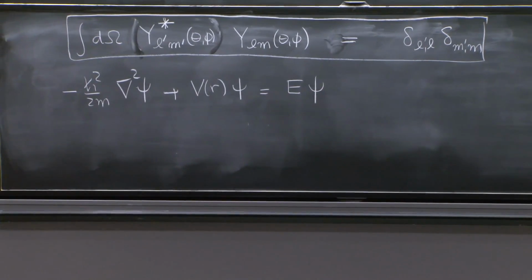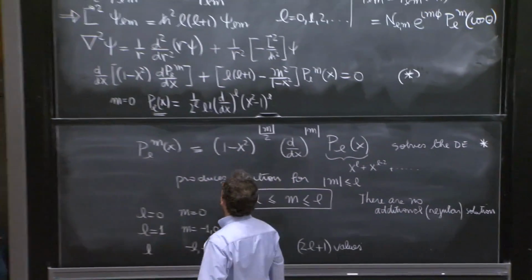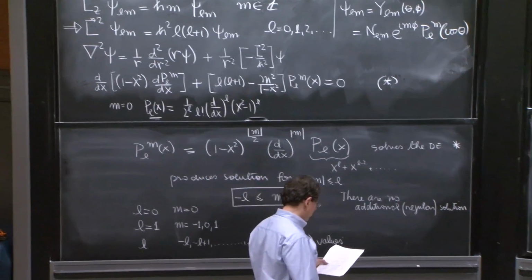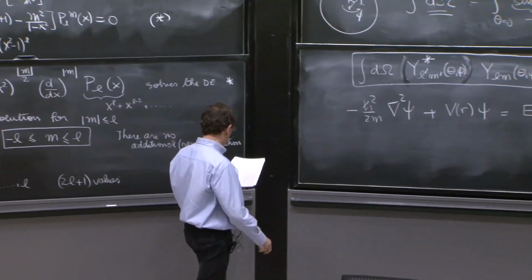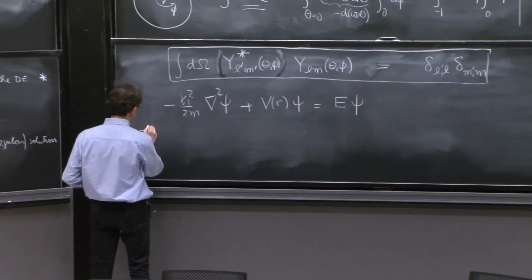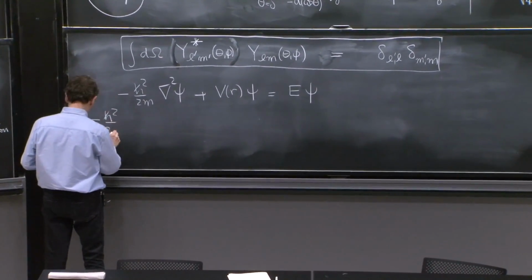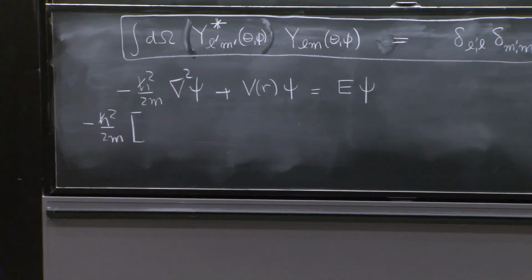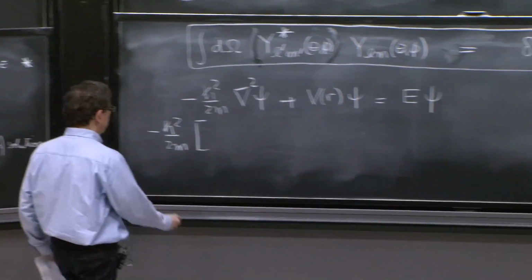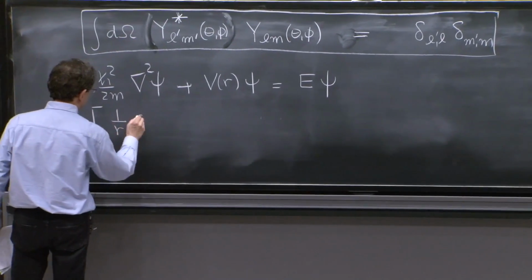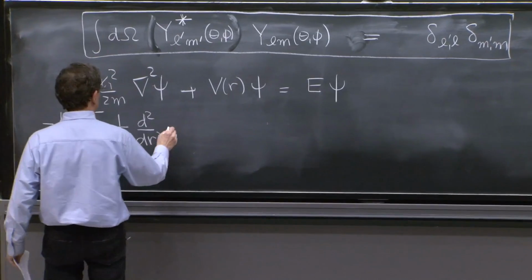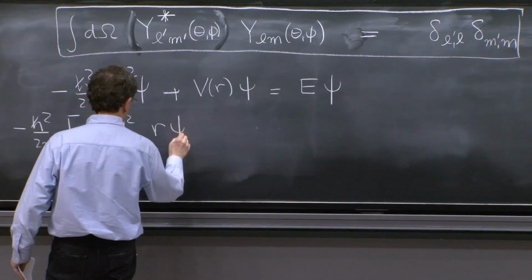And the Laplacian has this form so that we can write it the following way. Minus h bar squared over 2m, 1 over r, the second derivative with respect to r squared of r psi.